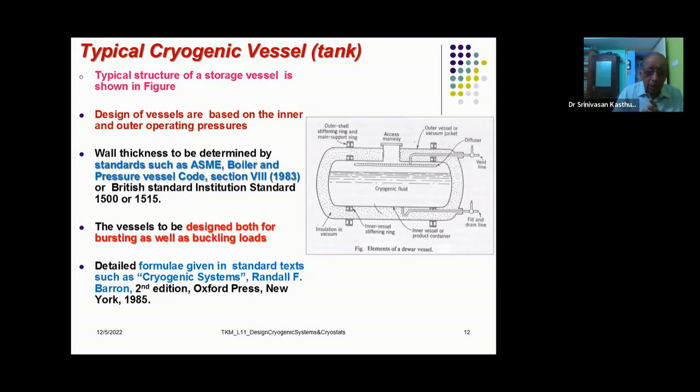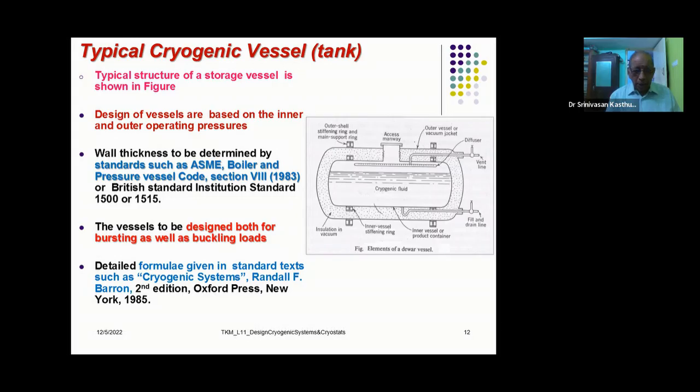Now, please understand, the bursting of the vessel happens when the internal pressure is very high. Okay, so the vessel bursts. The buckling happens, for example, when the vessel is actually evacuated and the outside is having the high pressure. So the vessel buckles. Okay, that's what happens.